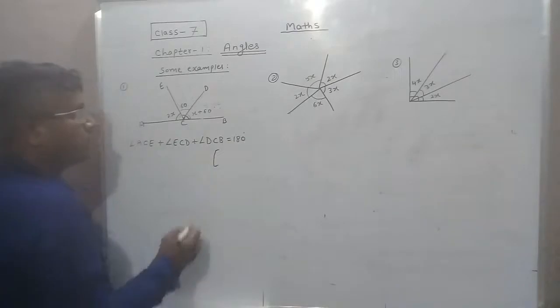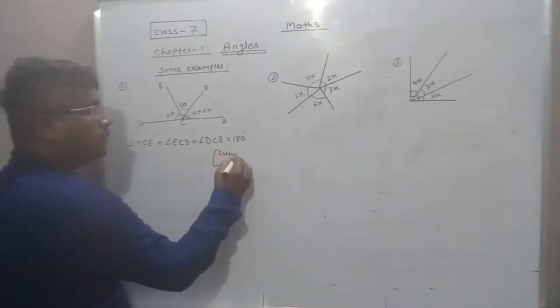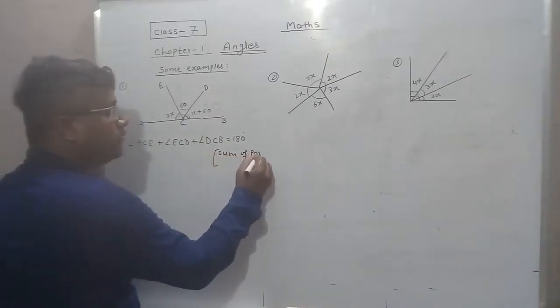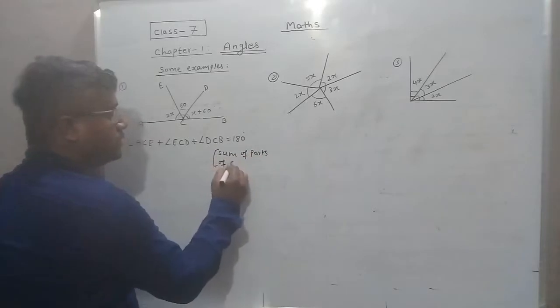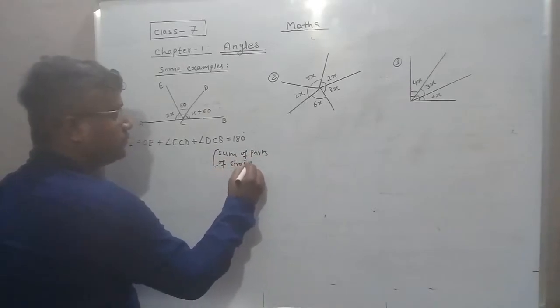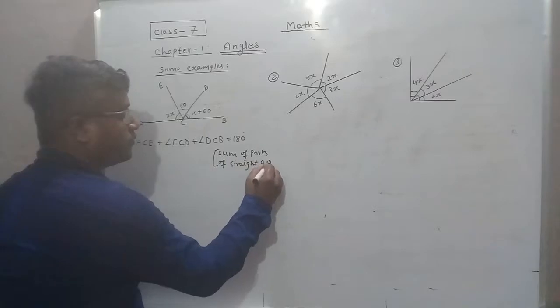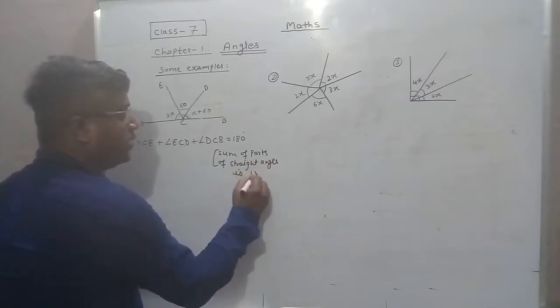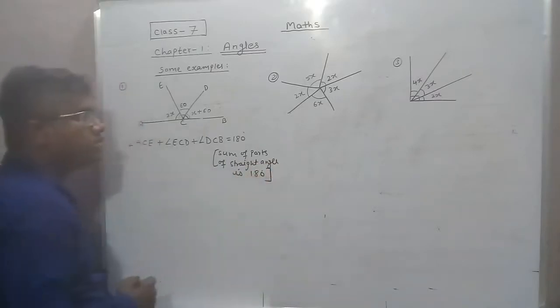Its reason you should write: sum of parts of a straight angle is 180 degrees, or sum of angles on a straight line is 180 degrees.